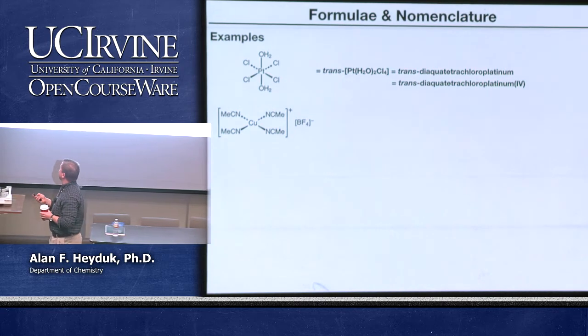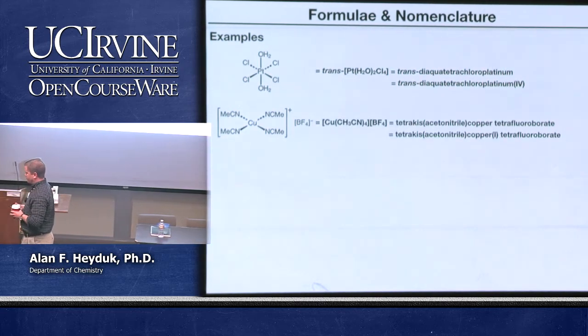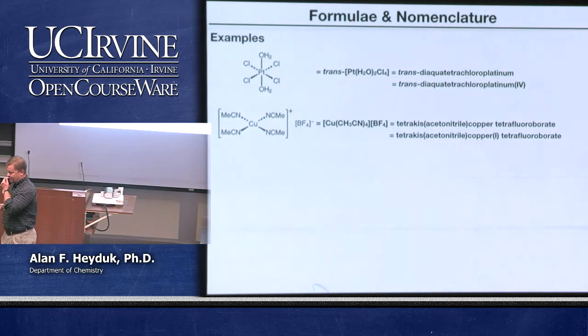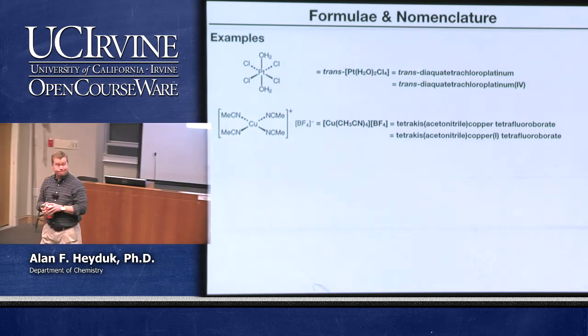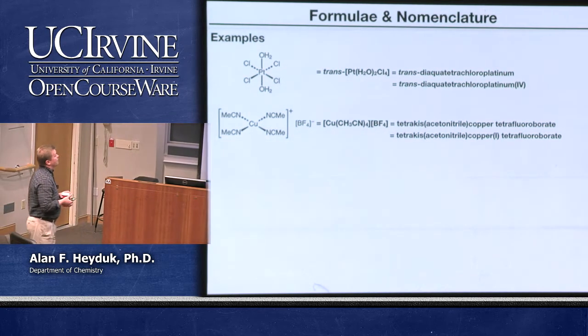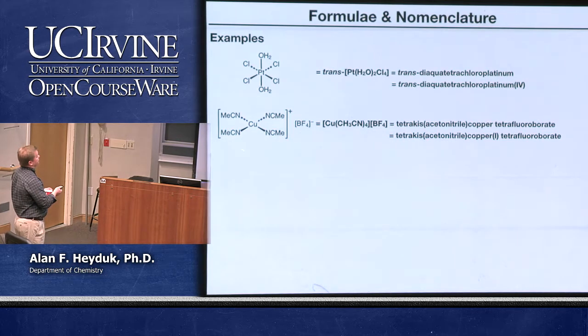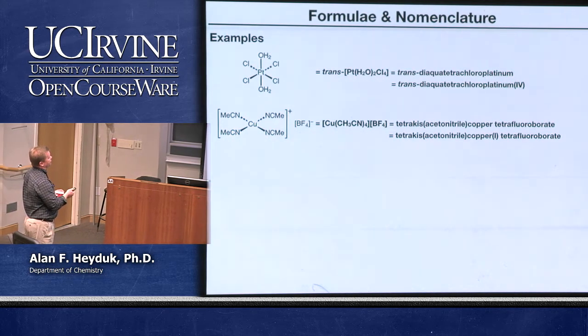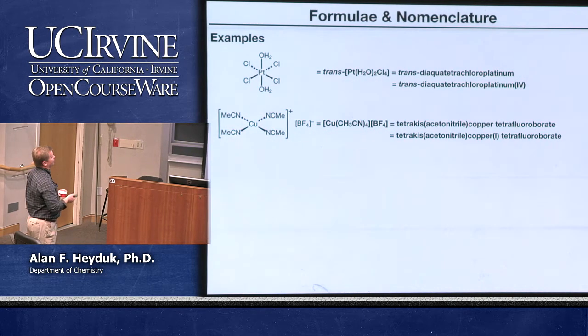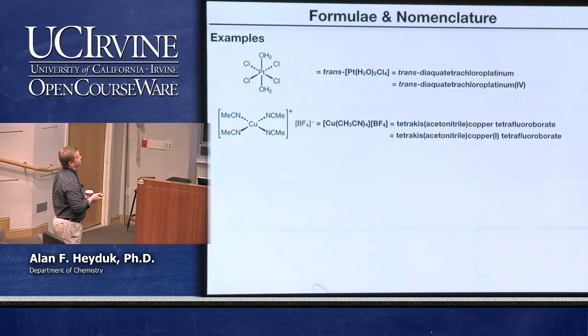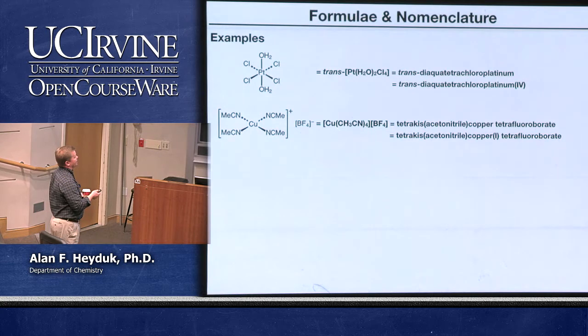Copper complex. By now you're already becoming pros. The copper is, of course, the cation, so it's going to be named first, followed by the tetrafluoroborate anion. So in both the formula and in the name, the copper complex comes first.